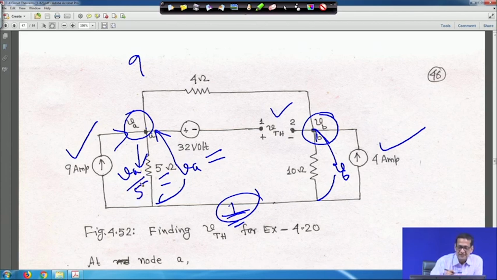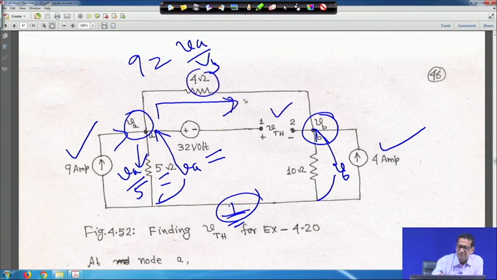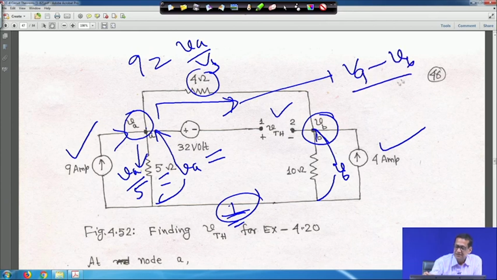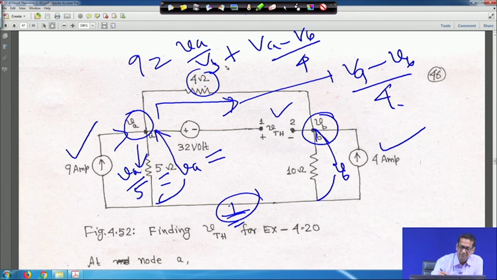Another current leaves in this direction through the 4 ohm resistance, which is (V A minus V B) divided by 4. So 9 is equal to V A by 5 plus (V A minus V B) by 4. This is one equation you will get.